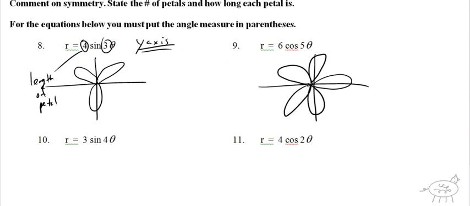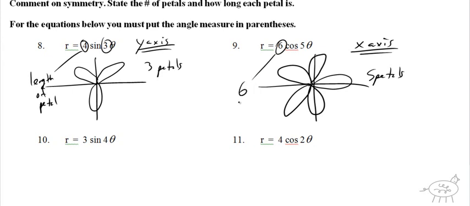Not the greatest drawing in the world, okay? But something like that. And this one's, of course, symmetric about the x-axis. Okay, so 5 petals. And this is 3 petals. Okay, and of course the length of the petal is 6.